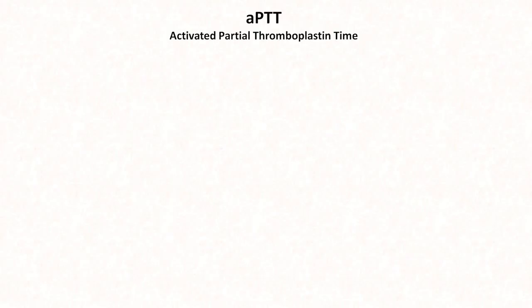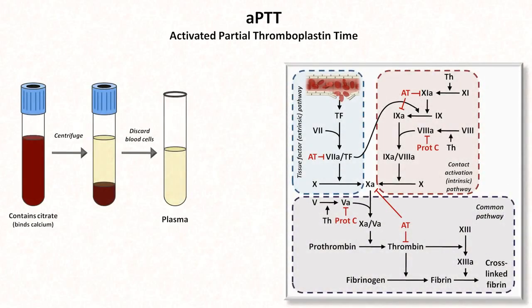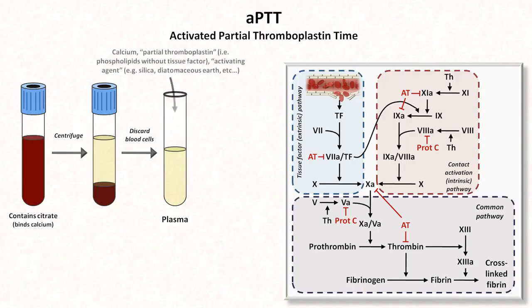The next test to discuss is the activated partial thromboplastin time, frequently called the PTT. I don't actually know why everyone always drops the A when saying it aloud, but they do. This test is nearly identical to the PT, with one important difference. Once the plasma has been separated from the cells, instead of calcium and thromboplastin, calcium and something called partial thromboplastin is added.